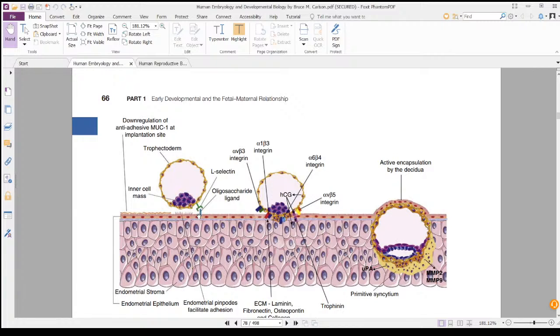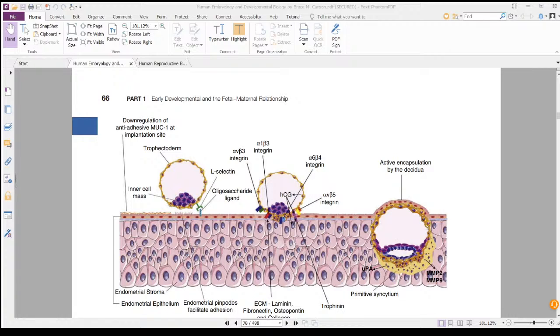After the blastocyst comes into contact with the epithelial cells, the mucin expression is reduced, because mucin produces the mucus layer. It is anti-adhesive, so it has to be reduced to adhere the blastocyst to the layer of the epithelial cell of the endometrial layer.